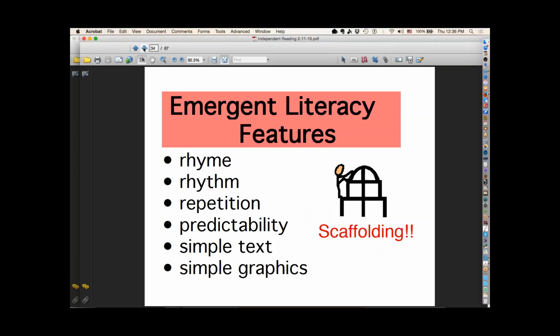So let's look at those features that really provide scaffolding for our students to have success with transitional books. So rhyming: Brown Bear, what do you see? I see a blue horse looking at me. And in that earlier enrichment book, we saw that in and din were rhyming. But we're going to see a lot of that in our transitional books. Not every one. Please do not think that every book has to have rhyming, because they shouldn't.